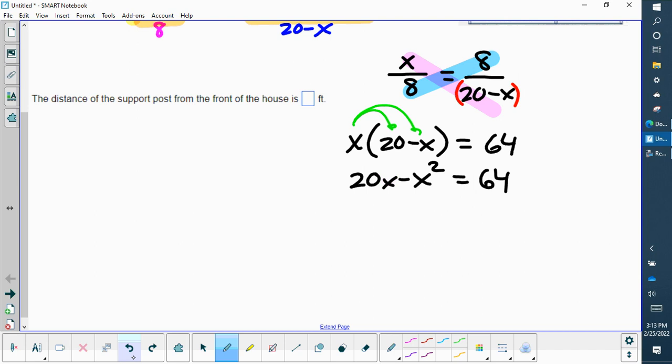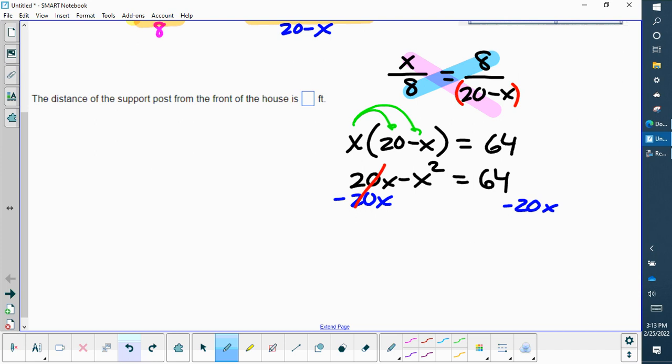Now, I'm going to move both of these items over to the right. The reason I'm going to the right is I really don't like this negative right here. So if I move this over, subtract 20x minus 20x, and this goes away.